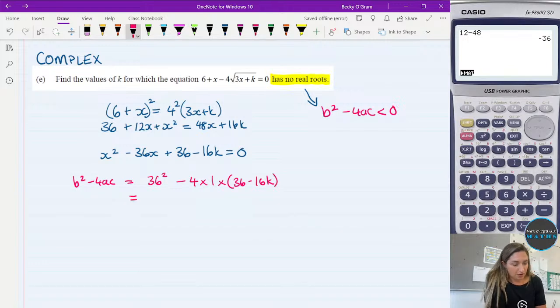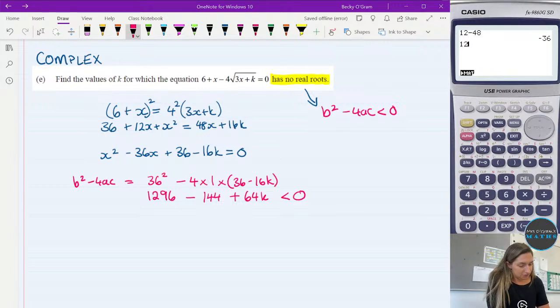So that comes to 1,296 minus, now multiplying out that bracket, 36 times 4 is 144, and 16 times 4 is a plus 64, because we've got a minus times a minus, and that's got a k. Now, checking for the discriminant to be less than 0 means we're going to add on a less than 0 at the end there.